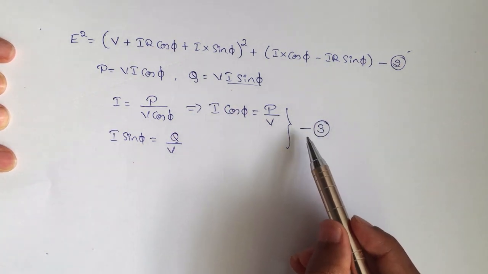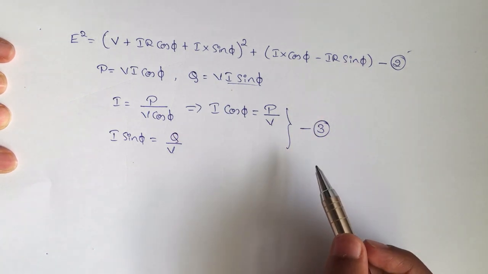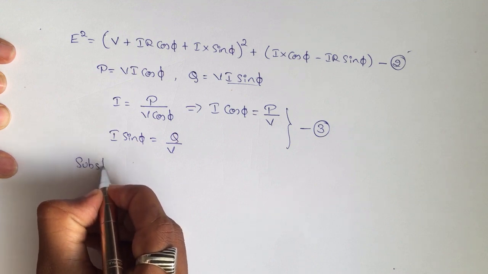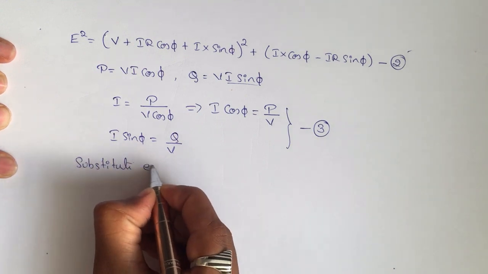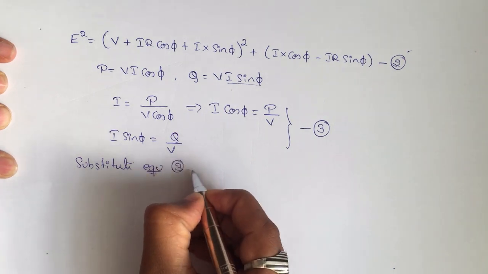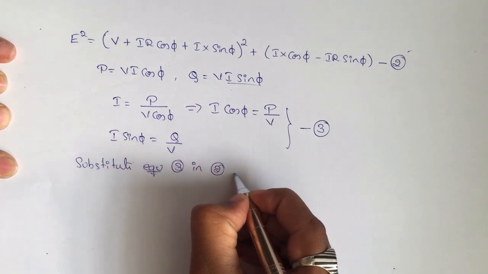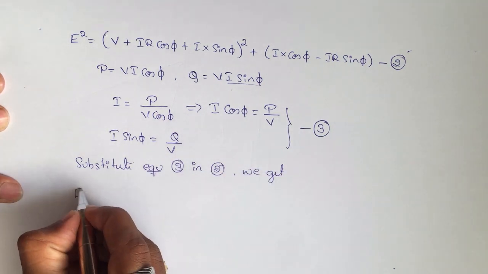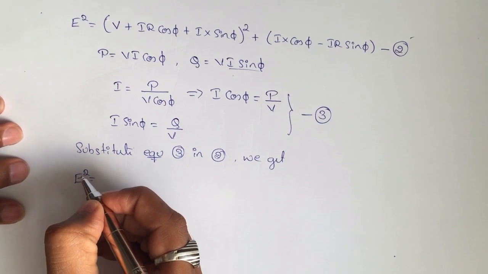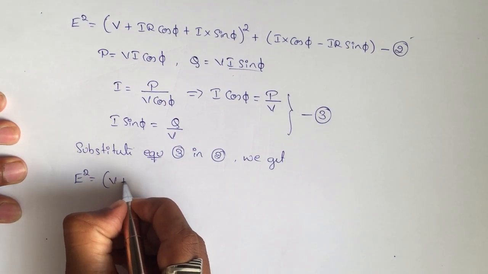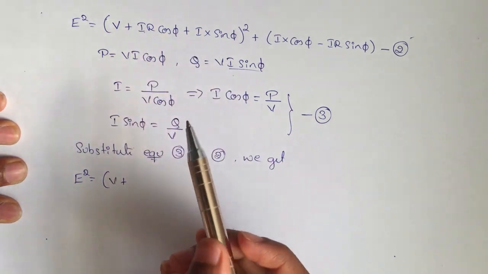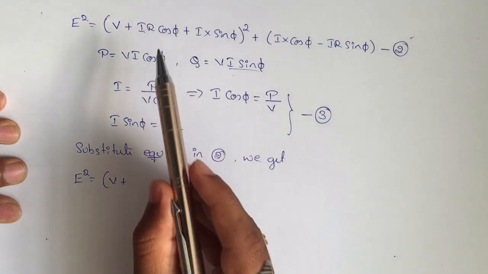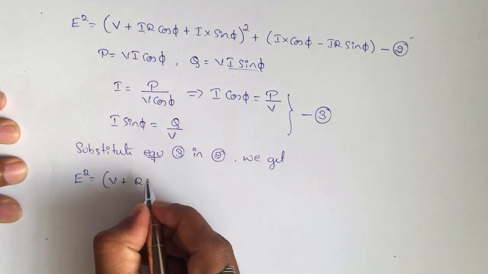If we substitute equation 3 in equation 2, we get E square is equal to V plus IR cos phi, or we can consider it as I cos phi. I cos phi is nothing but P by V. R is there as it is.